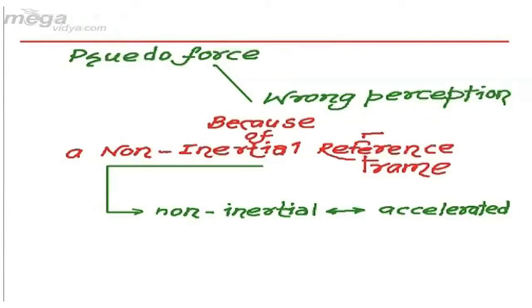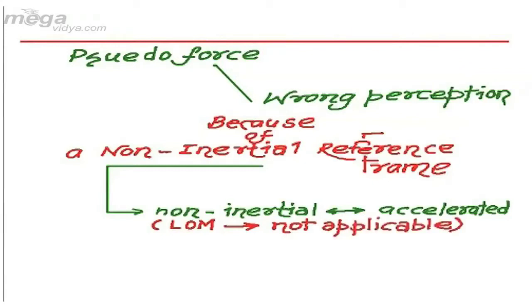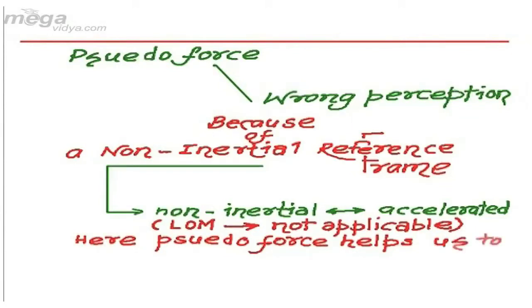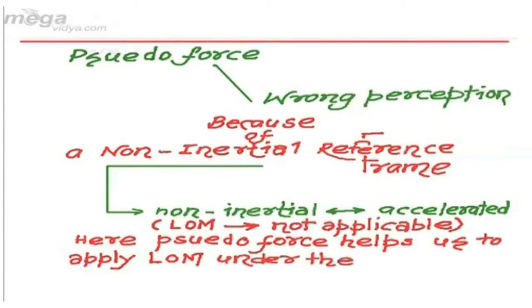That's why we cannot apply F equal to ma under the shown conditions. So we can say laws of motion are not applicable in such reference frames. Here, pseudo force helps us to apply laws of motion under these conditions.